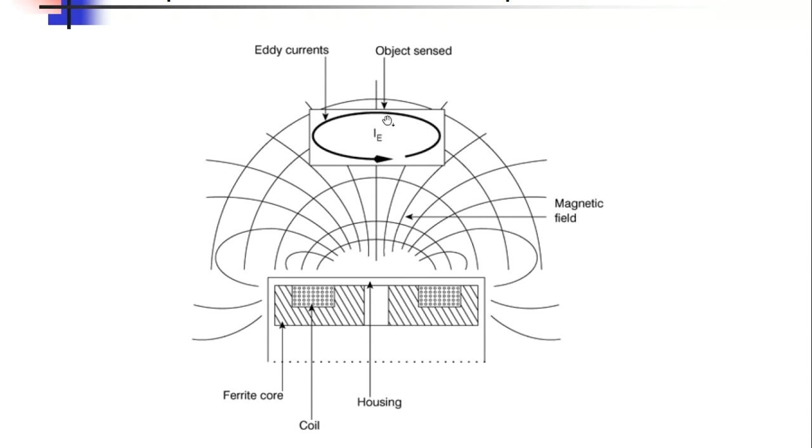And that current in there, it's not a huge current, it's very, very small. They refer to this as eddy currents. And so inside of that object of metal, you get this little electrical current just flowing around inside of that block of metal that's moving down the conveyor.